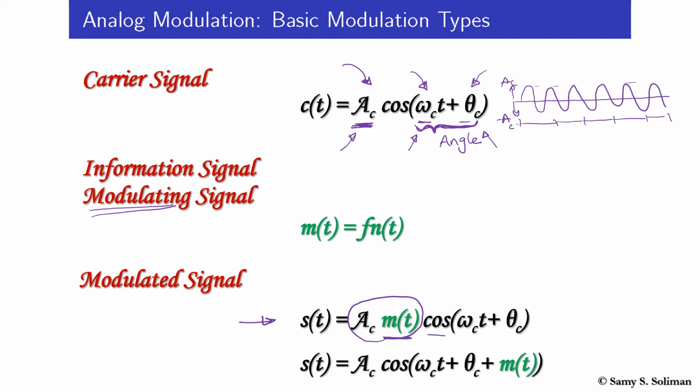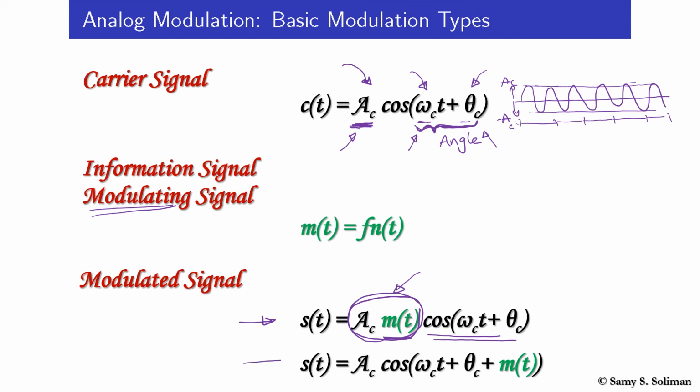We still have a cosine signal here, but its amplitude or magnitude right here is not a constant magnitude anymore. So we don't have these peaks all aligned at A_c. No, that amplitude is now time dependent, and such time dependency is in proportion to the information signal, m(t).